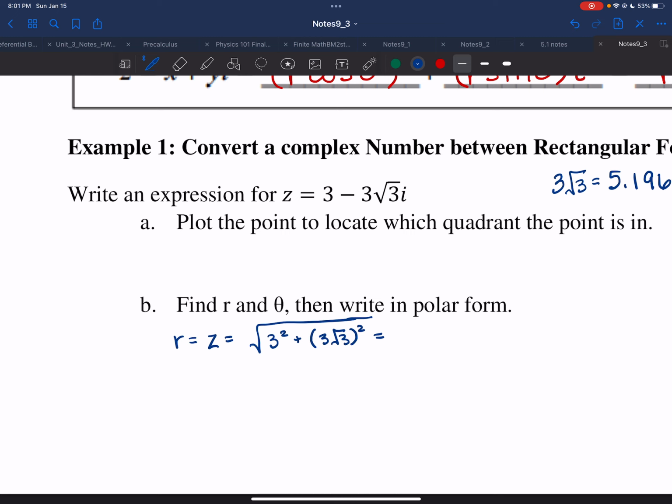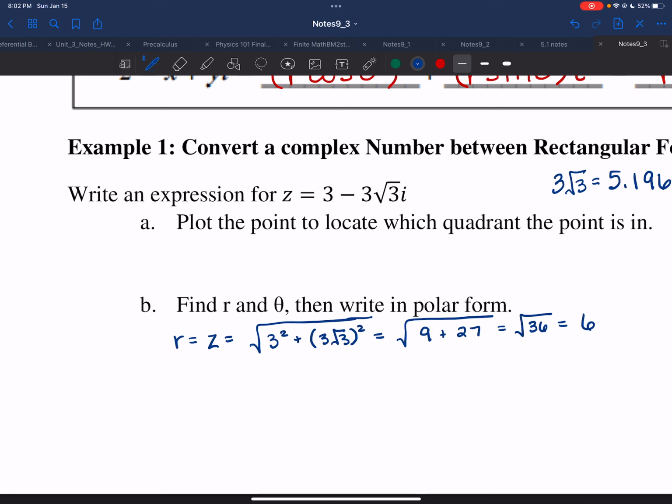So what I end up having here is 9, right? 3 squared is 9. And then I have 3 times 3, which would be 9, and when I square a square root, I just take what's inside. So 3 times 9, that would be 27. So this would be plus 27, which gives me the square root of 36.